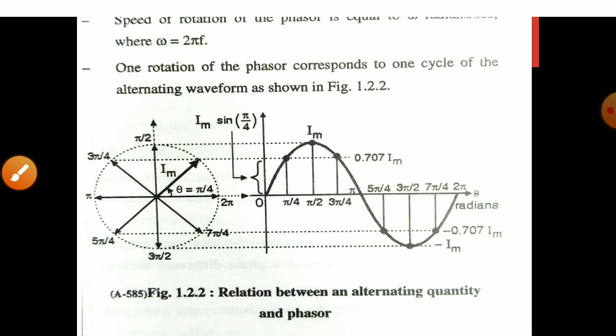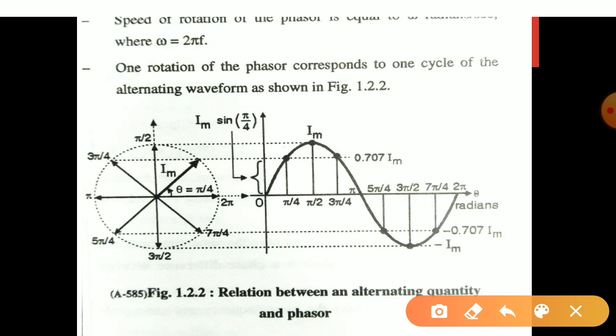Now the remaining part of the phasor, that is 180 plus 45, the angle is 225, the next angle 270 degrees.